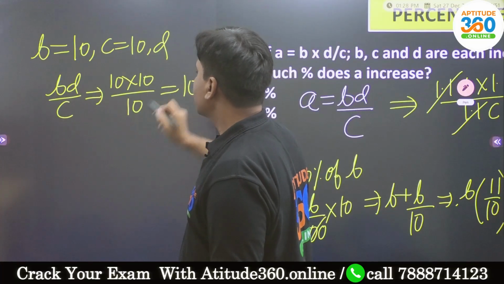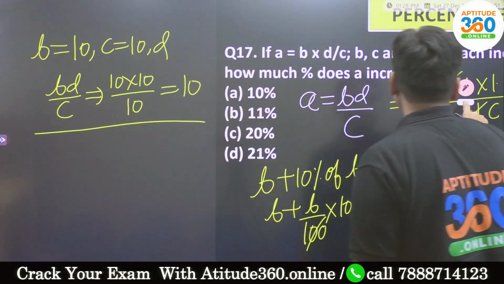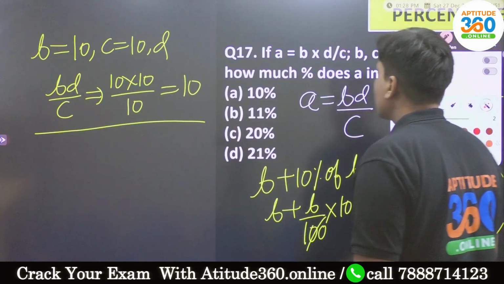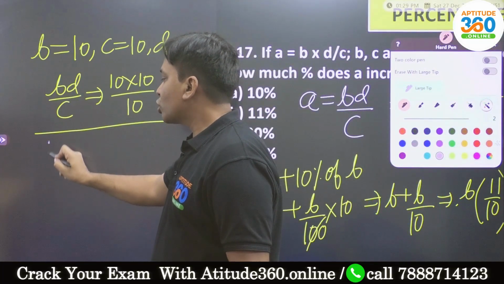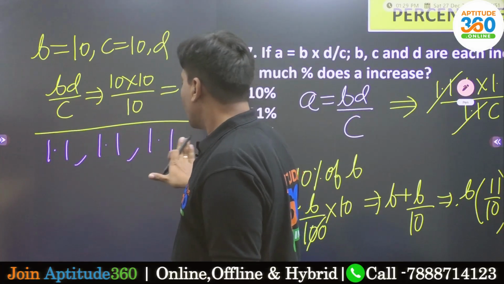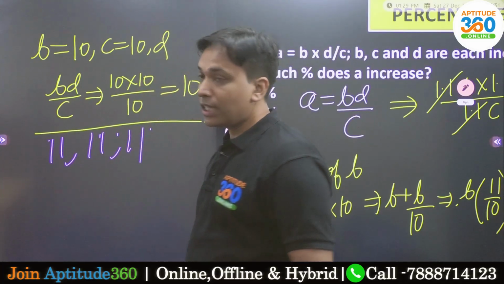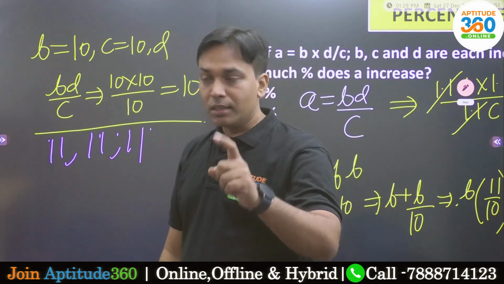It is 10. Now each of these values is increasing by 10%, so the new values will be what? 11, 11 and 11, right? All the values are 11 because 10% of 10 is 1.